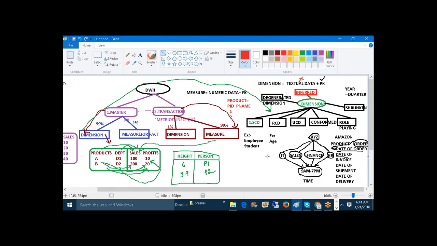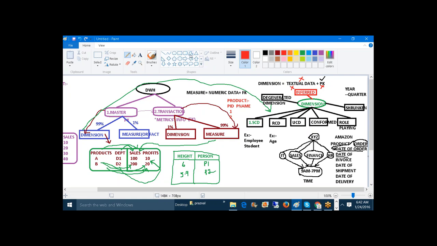The empty dimensions. The degenerated dimension contains only the primary keys, right? Then what about the inferred dimension? If the dimension does not have any textual data and even no primary keys, then such a kind of dimension is known as an inferred dimension. Basically, the empty dimensions are known as inferred dimensions.